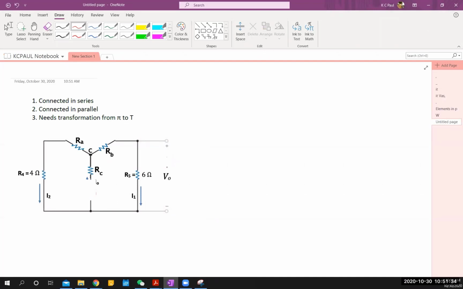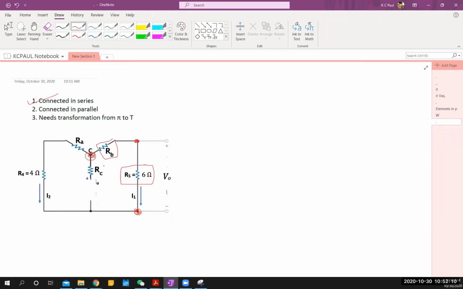There is no element here. This plus and minus sign is basically to check the voltage across R5. So R5 and RB share one end, and their other ends are connected to two different nodes, one node and another node. So two elements are connected in between these two nodes, and they are connected in series.